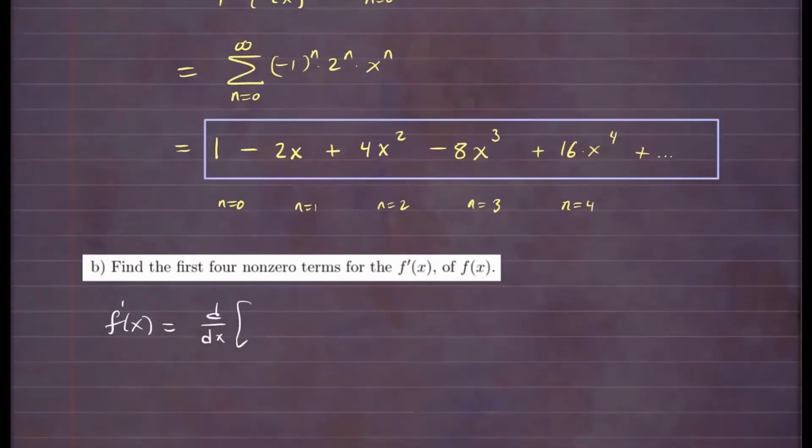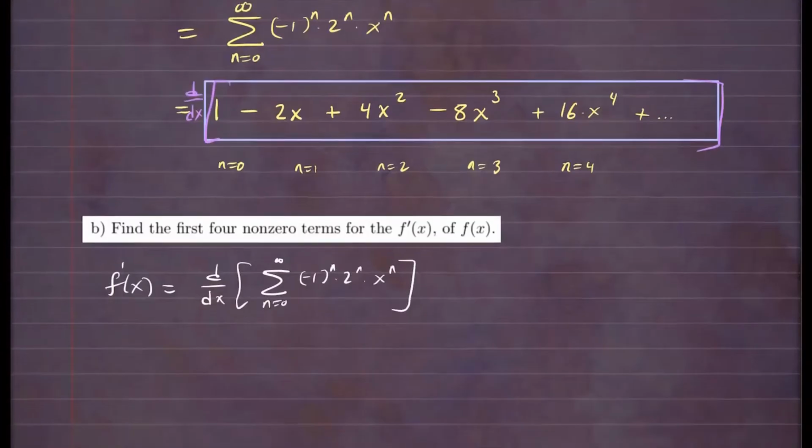So you're taking the derivative of the sum from n equals 0 to infinity of negative 1 to the n times 2 to the n times x to the n. Or you can think of it as taking the derivative of these pieces term by term. You can take the derivative of the formula or of each term, and you'll get the same thing.